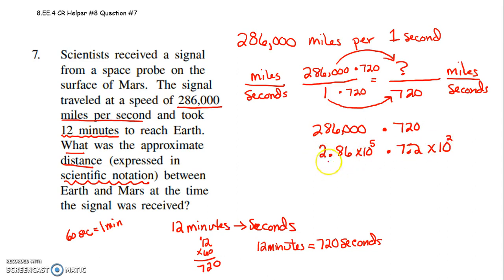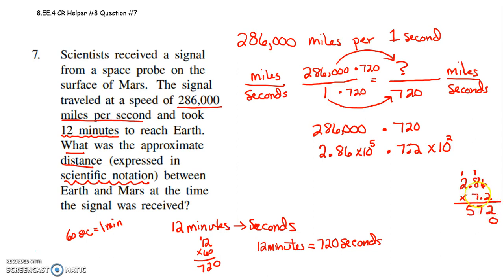All right, so now I got to multiply these together. So off to the side, I got to take my first factors. So now at this point, I will multiply 2.86 times 7.2, multiplying my first factors. 2 times 6 is 12, put down a 2, carry a 1. 2 times 8 is 16, and 1 is 17. 2 times 2 is 4, and 1 is 5. Put down a 0.